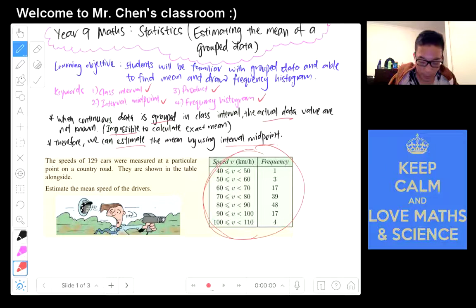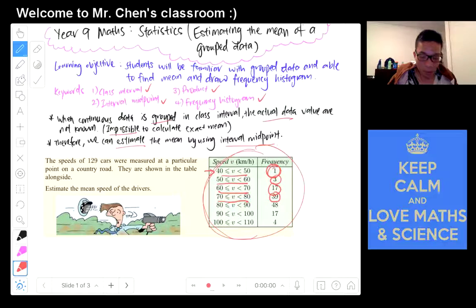As you can see, there is one car traveling between 40 and 50k, 3 cars between 50 and 60, 17 cars between 60 and 70k, 39 cars 70 to 80, and so on.